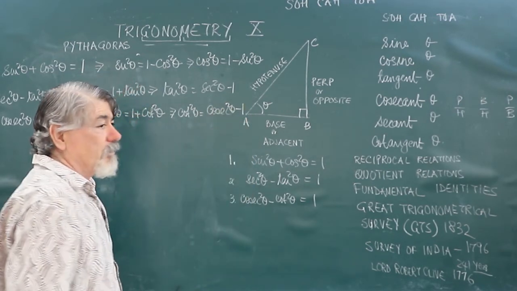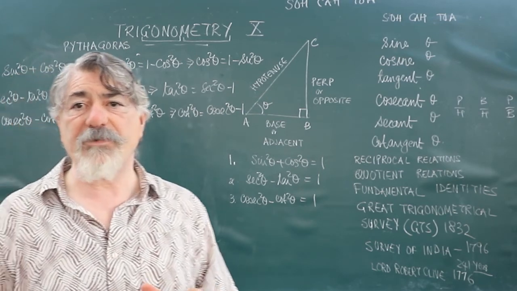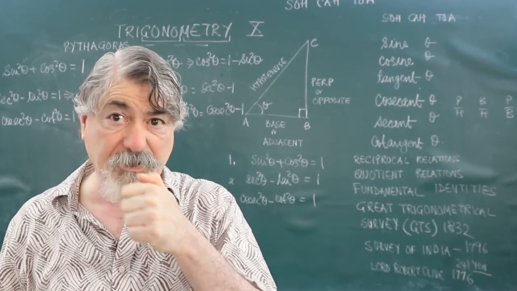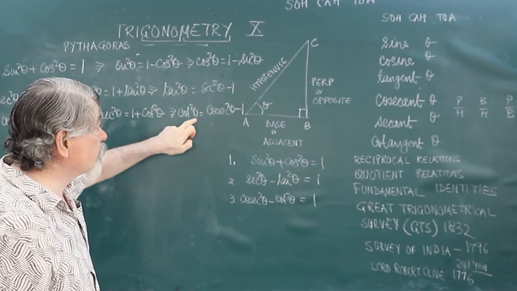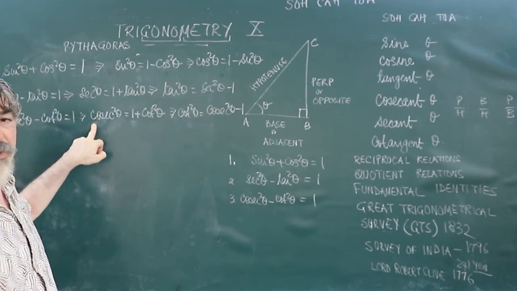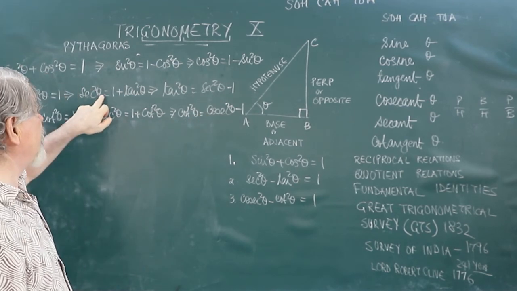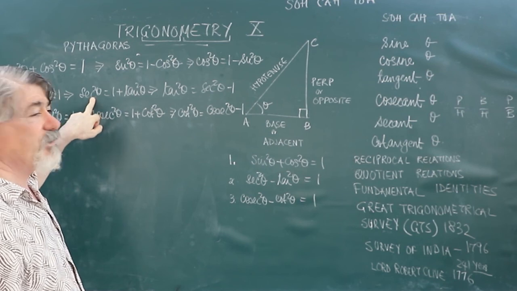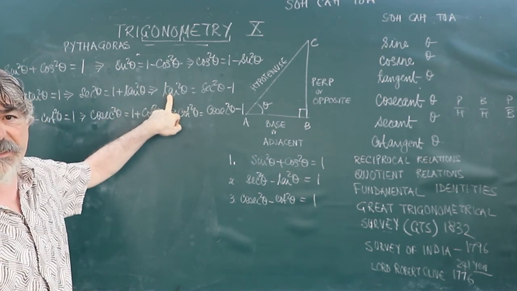It is just this change of subject of the formula. Here I have made cot square theta the subject of the formula. Here cosec square theta is the subject. Here sec square theta is the subject. Here tan square theta is the subject.